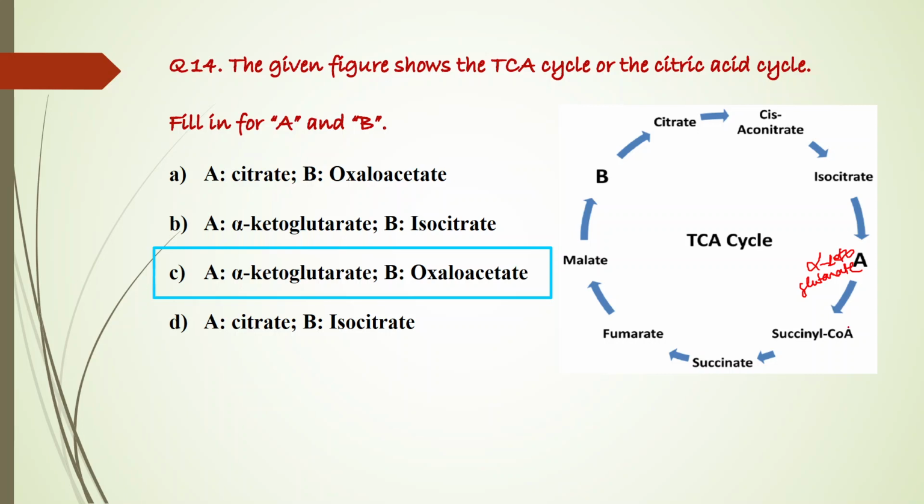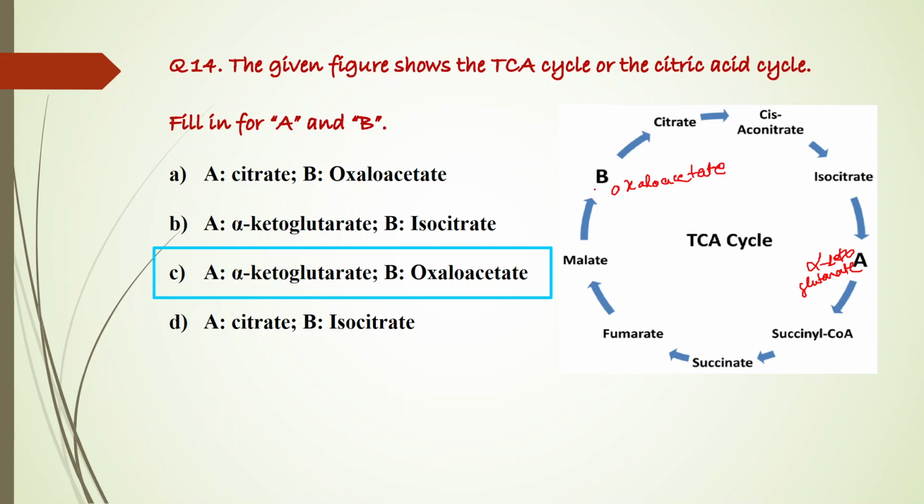Then we have the formation of succinyl CoA followed by succinate, fumarate and malate. Again in this step we will have the action of malate dehydrogenase that will lead to the initial substrate of the TCA cycle, which is none other than oxaloacetate.